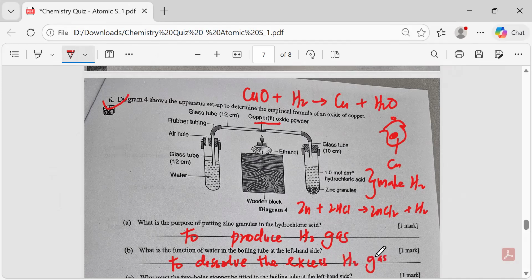Why must it dissolve? Because hydrogen gas is flammable. It will kaboom. How do you test for hydrogen gas? It pops, right? A little bit of hydrogen, a little bit of pop. A lot of hydrogen, then kaboom. Do you want it to kaboom? Yes, okay. It's a very interesting concept.